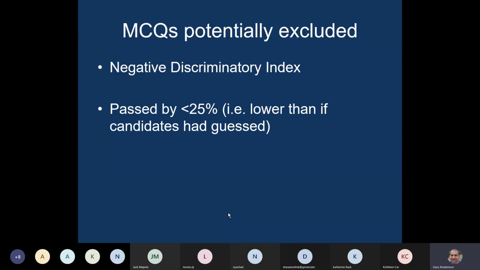Not that they automatically get excluded, but they get considered by the examining panel, by the conveners, by the moderators, and they get to look at the questions and say, okay, the reason this one didn't perform particularly well is that it's poorly phrased, and so candidates got confused, and that's why they answered the way they did, so it's not fair to keep it in, and that gets removed. And so that kind of discussion takes place around all of those potential questions for exclusion.